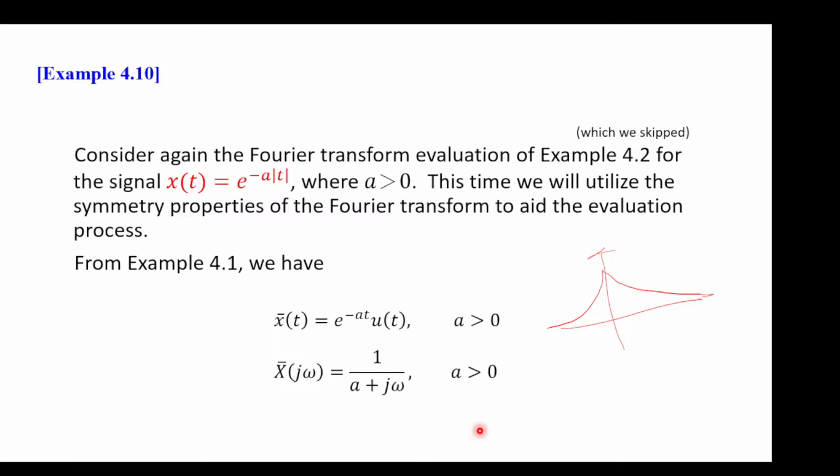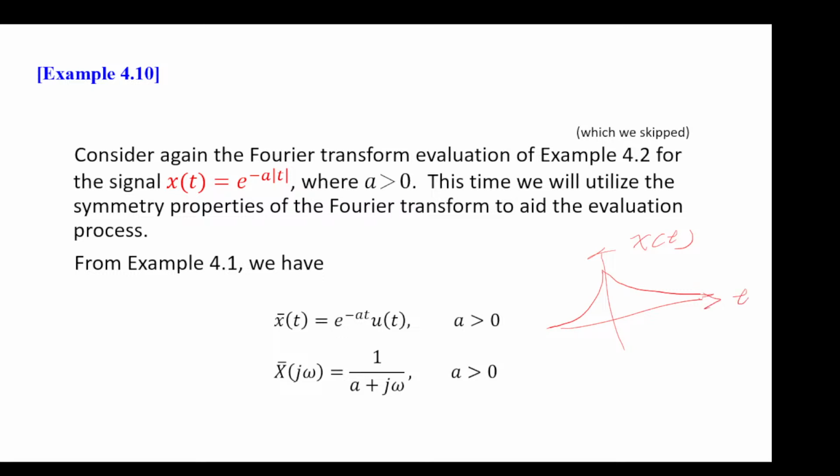So how do we use this to calculate a Fourier transform? We use it to calculate the Fourier transform of this function, x of t equal to e to the minus a absolute value of t. So x of t looks like this: exponential decay on both sides.